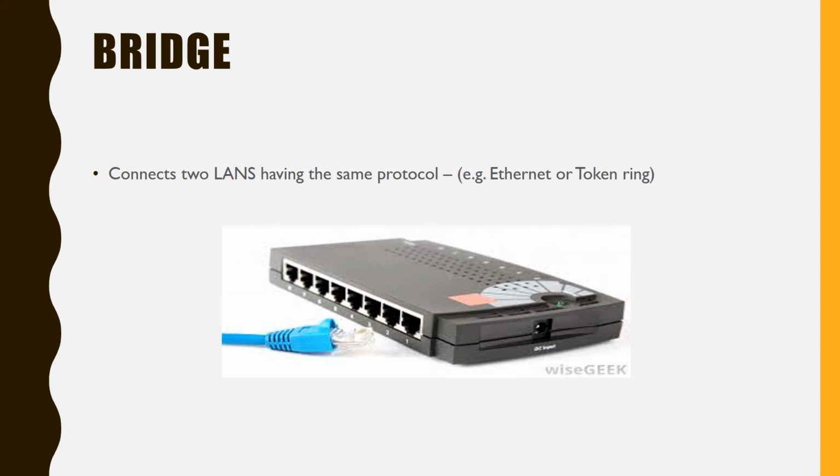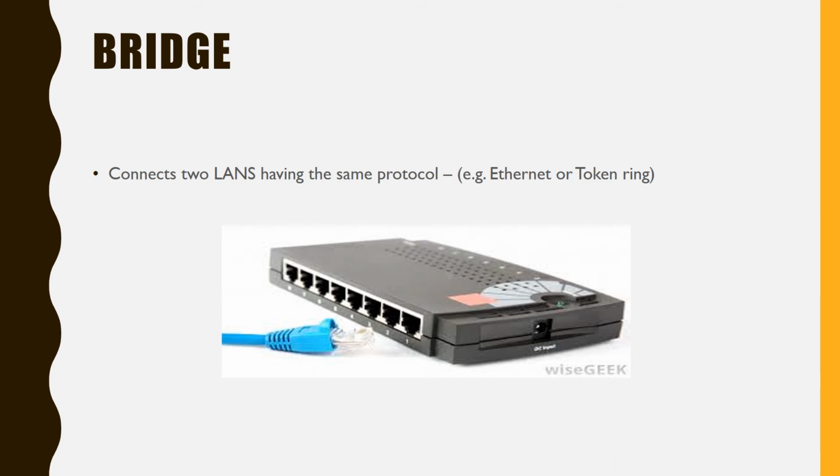But another clause in this case is that they can be connected if and only if they follow the same topology. That means the type of wire and the type of topologies followed by the LANs.